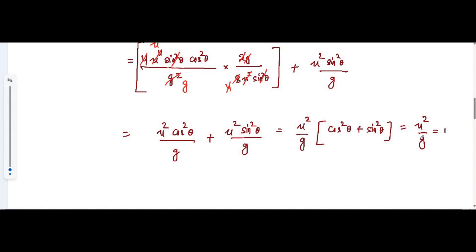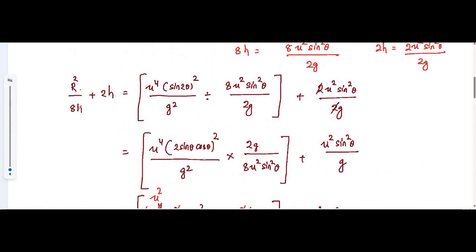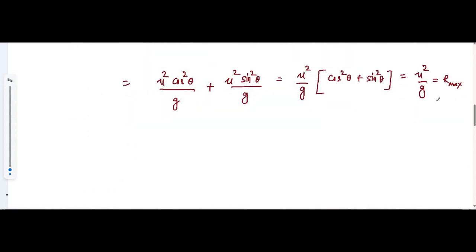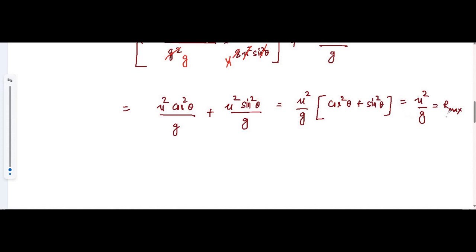So here we have proved mathematically that R square by 8h plus 2h, this much, is equal to u square by g, which is maximum horizontal range. So we have proved this mathematically.